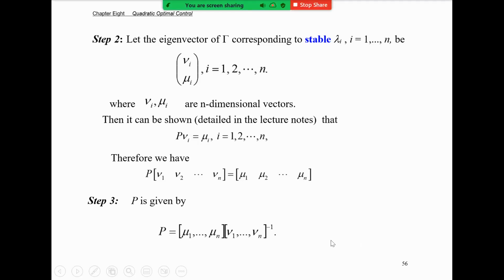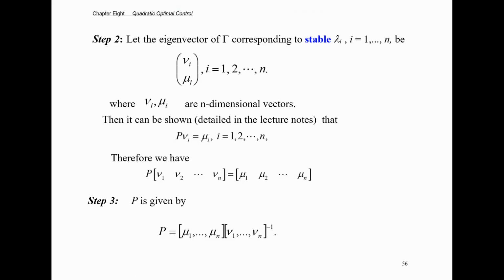But normally, if you do it this way, you need some programming to help you. Either use MATLAB or other programming which can give you the eigenvectors and eigenvalues. Because if you have, let's say, a second order system, then that matrix will be 2n, a 4 by 4 matrix.